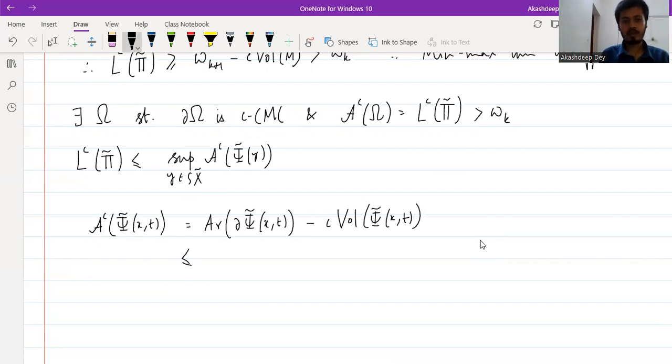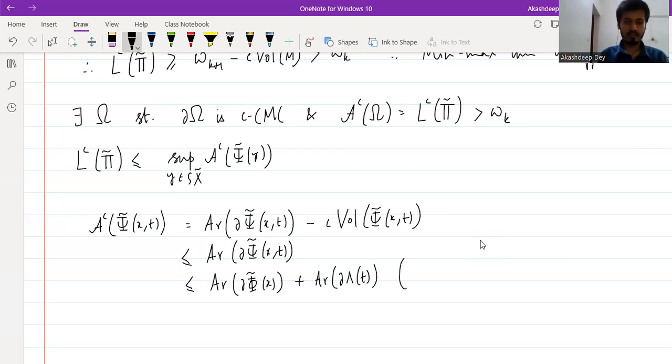This is less than or equal to area of boundary psi tilde (x, t). This is less than or equal to area of boundary phi tilde x plus area of boundary lambda t.